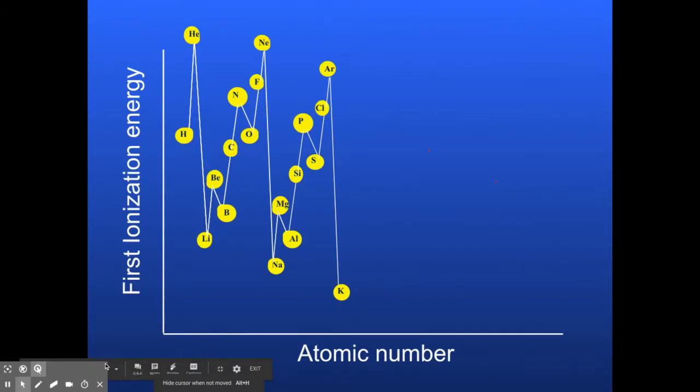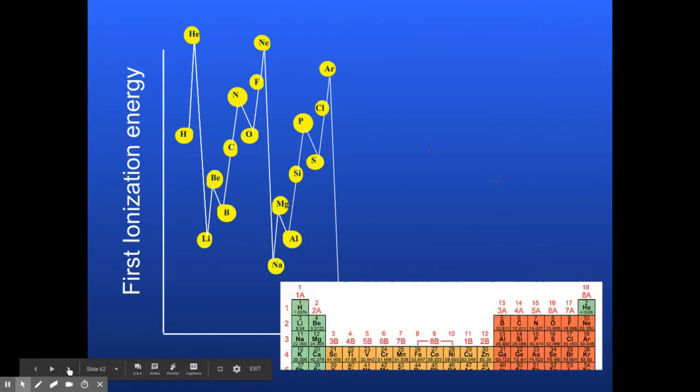So we have sodium in here on the 3rd energy level. Magnesium has a greater ionization than sodium because it has more protons, so greater effective nuclear charge increases.